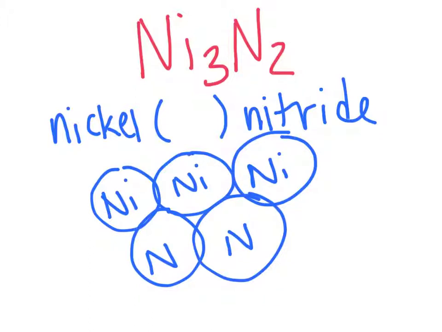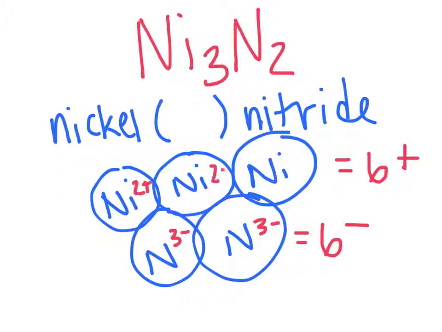I don't know the charge of nickel, but I know the charge of nitrogen is 3 minus. So what does the charge of each of the nickels need to be? The total charge of the nitrogens is 6 minus, right? 3 minus and 3 minus is 6 minus. So I need the nickels to add up to 6 plus. What does the charge of each nickel need to be to get 6 plus? 2 plus, 2 plus, 2 plus will give me 6 plus. So the charge of each of the nickels is 2.